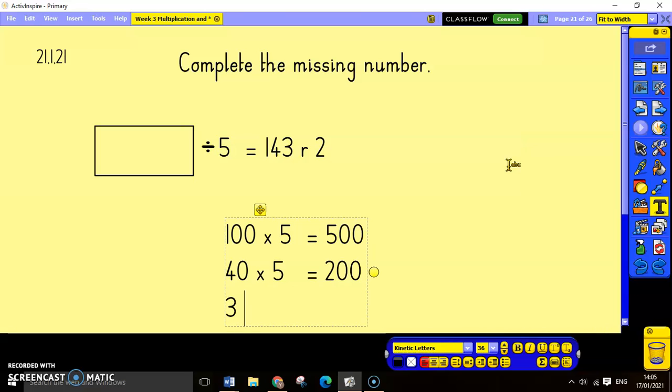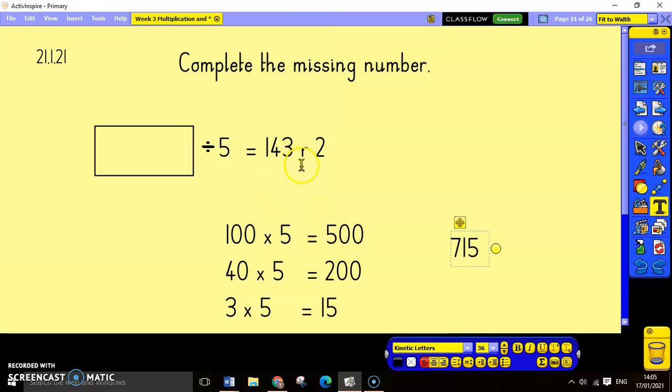And then I've got my ones digit, which is 3, and I'm really confident that 3 times 5 is equal to 15. And then all I'm going to do is add my parts together, which is really easy again to do in my head. I've got 500 add 200, which is 700, and then I've got 15 more, which is 715, okay?